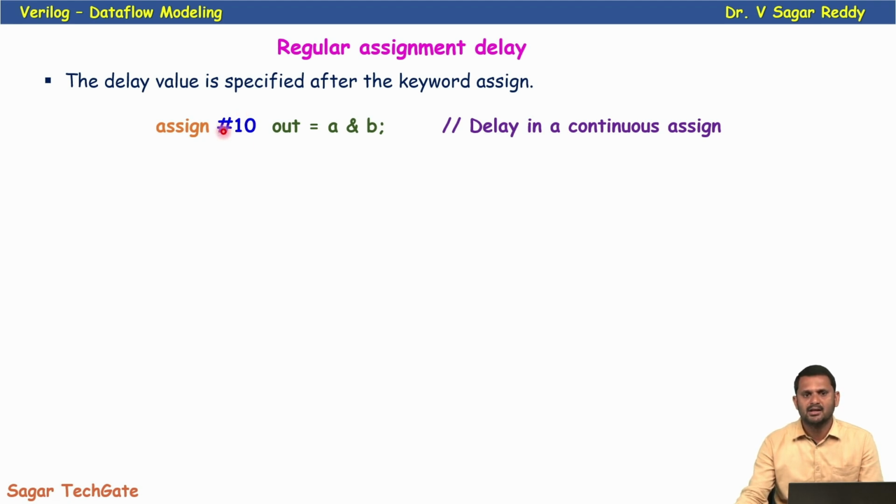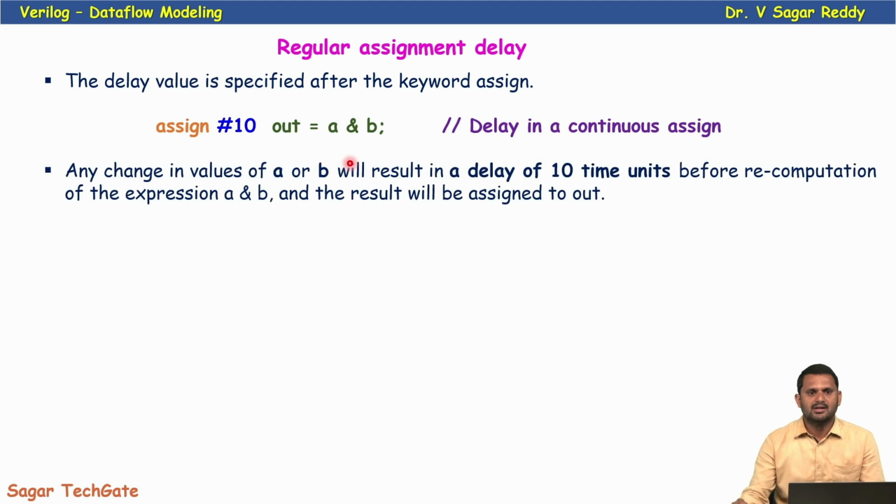What is the meaning here? It evaluates A and B, and if anything changes on the right hand side, it is assigned to out after 10 time units. Any value change in A or B will result in a delay of 10 time units before recomputation of the expression A and B, and the result will be assigned to out.